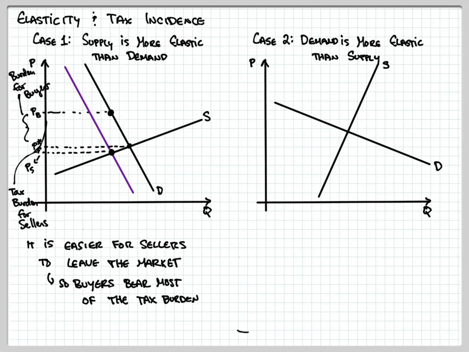So now let's think about the case where we have a relatively elastic demand, where demand is very responsive to changes in price and supply isn't. So again, let's think about a $4 tax incurred on buyers. The new supply demand curve will go through this point here, and it'll look like this.